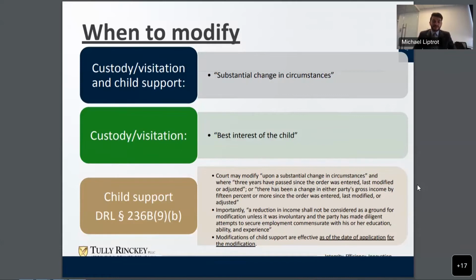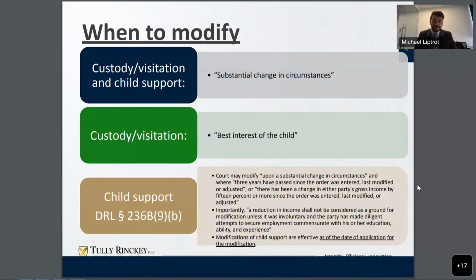One final note about child support modifications. Some people get hung up on this. Modifications of child support are effective as of the date of application for the modification. So some people come to court and they file, and then we get to court, and it's, well, I want my child support reduced to the date I lost my job, 6, 12, 18 months ago, and you filed your petition 1 month ago.